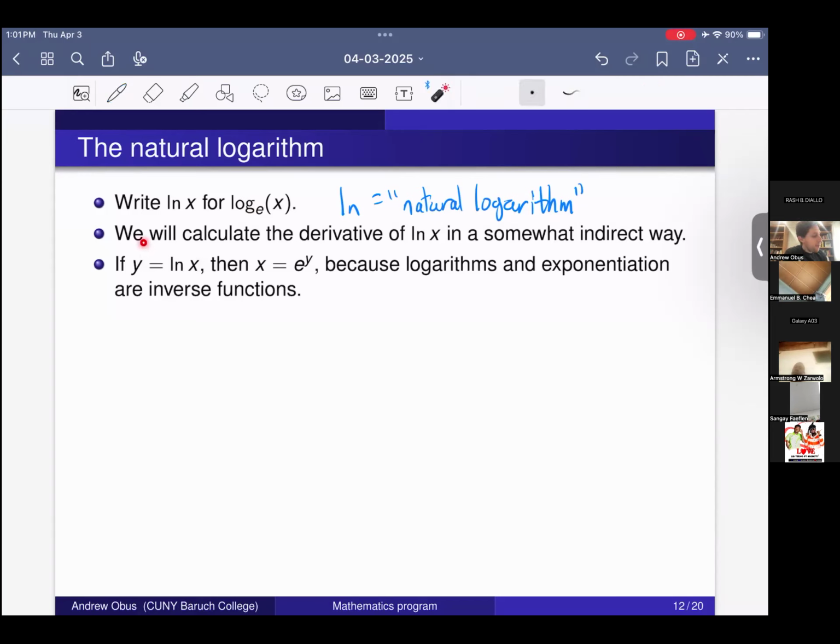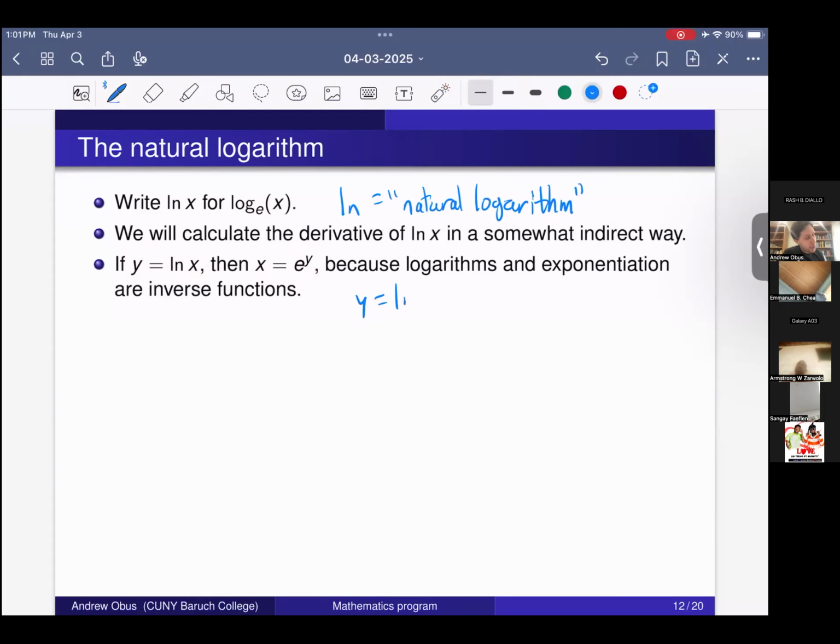Let's imagine we have the function y equals ln of x. I claim that if we raise both sides to the e, this tells us that x equals e to the y. This is because logarithms and exponentiation are inverse functions, right?